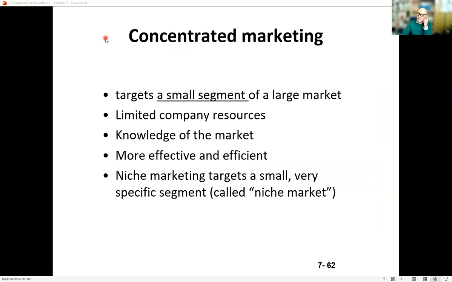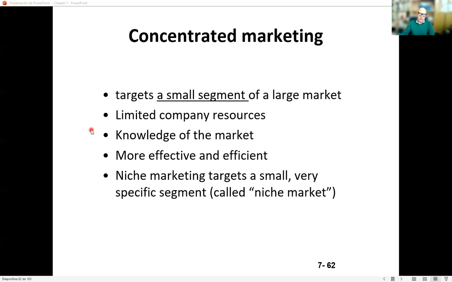The third targeting strategy is concentrated marketing. The idea here is to target maybe just one small segment, even if the market is large. This is good for small companies or companies that have limited resources.